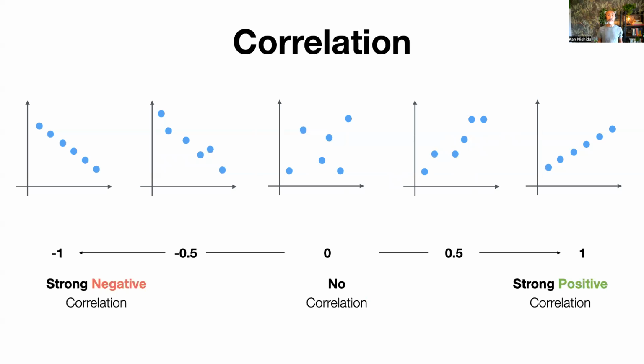So you can express the strength of the correlated relationship as a metric or number. Typically we use -1 to 1. On the right-hand side, when you get to 1, that means the two numerical variables have the strongest positive correlation, as good as it gets.